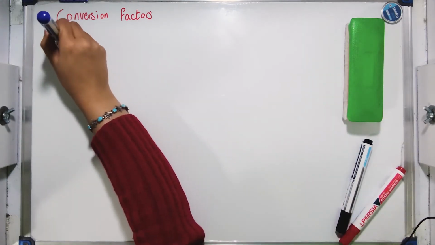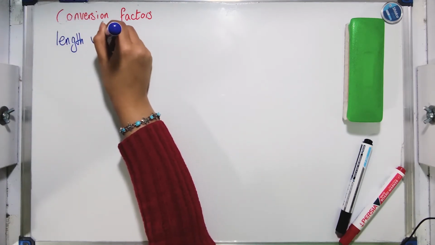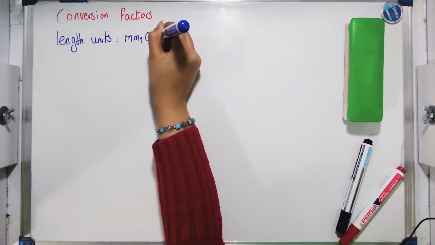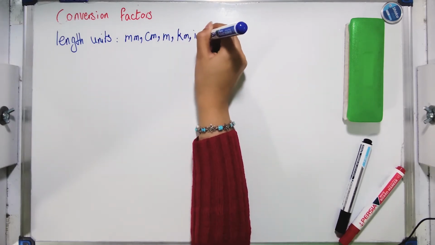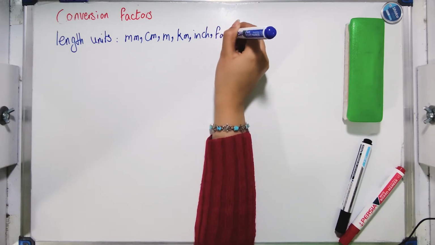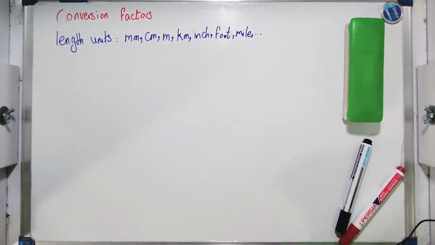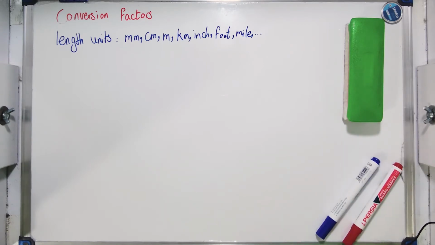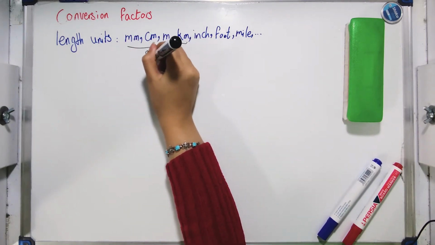For length units, you have millimeter, centimeter, meter, kilometer, inch, foot, mile, and other units too.